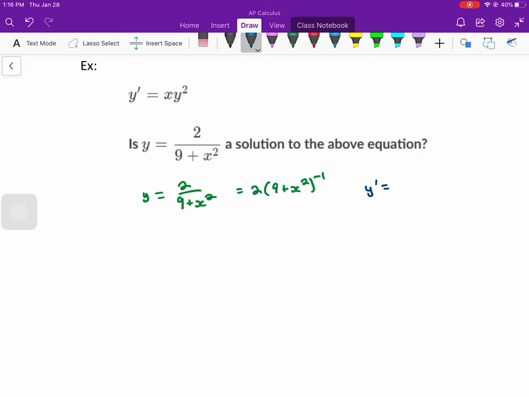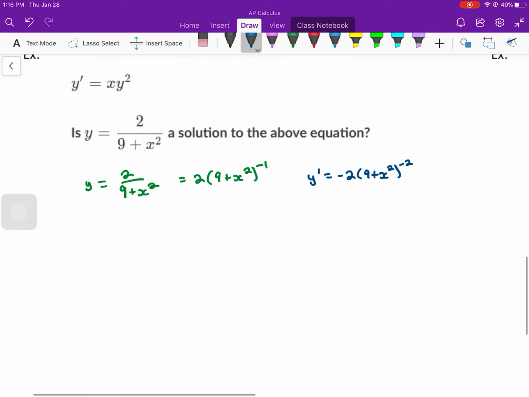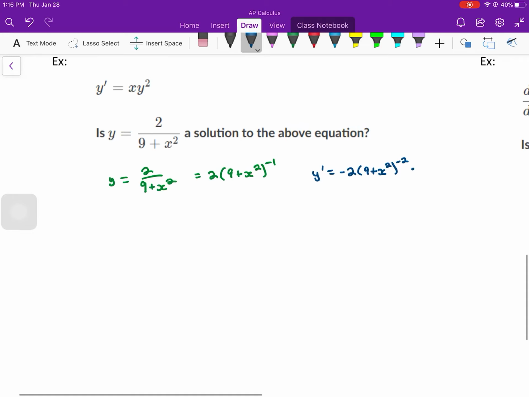So y prime will equal negative 2 times 9 plus x squared to the negative 2 times 2x. And so negative 2 times 2 is going to be negative 4x. And then on the bottom we'll have our 9 plus x squared squared. So it didn't take quotient rule. It will get you the same thing if you use the quotient rule though.